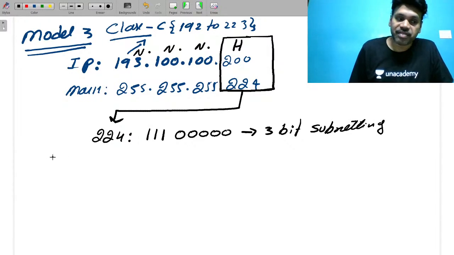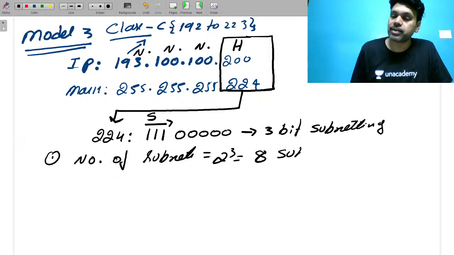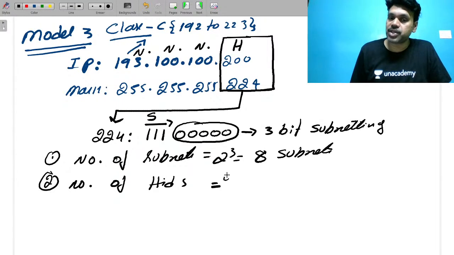Now listen, the first question, as usual, is the number of subnets. How many ones are there? That is your subnets only. So 2 power 3, you got 8 subnets. And in each subnet, how many HIDs? 5 bits are left over as zeros.